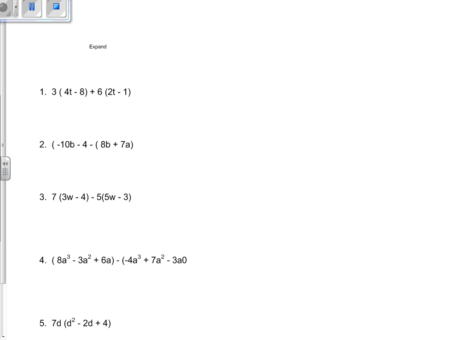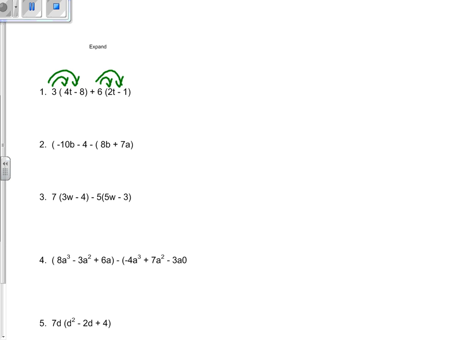3(4t − 8) + 6(2t − 1). So our job is to do any operations and then simplify by collecting like terms. I see the distributive law, 3 times (4t − 8), and 6 times (2t − 1). I honestly draw arrows every time.